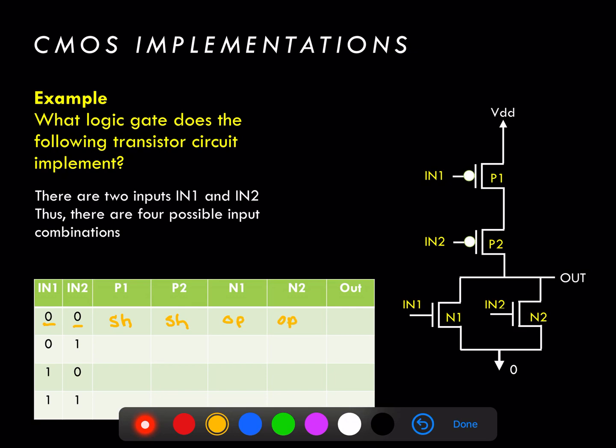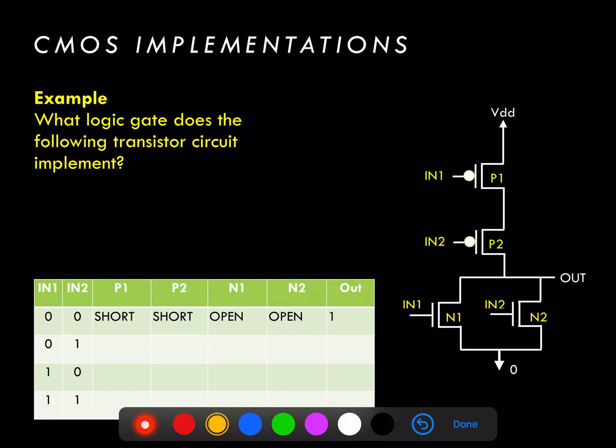When we go ahead and put that model into the circuit, P1 is a short, P2 is a short, and both N1 and N2 act as open circuits. What we see here is a direct connection between the output and VDD, and the output goes to a voltage equal to the power supply, or VDD, giving a digital 1 at the output.